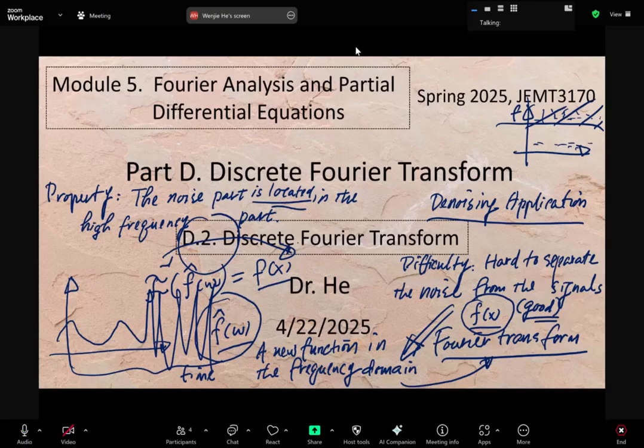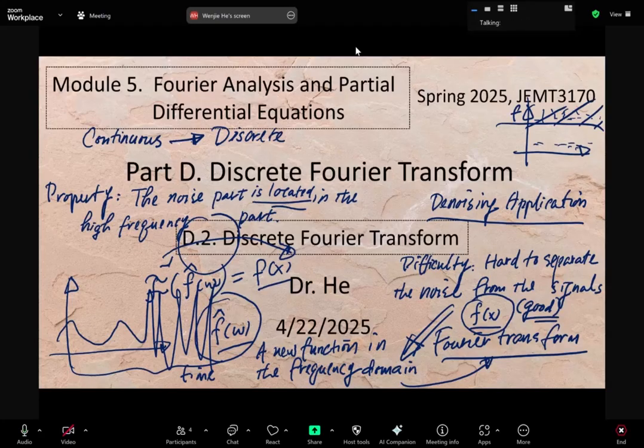Here we need to change from the continuous version to the discrete version.